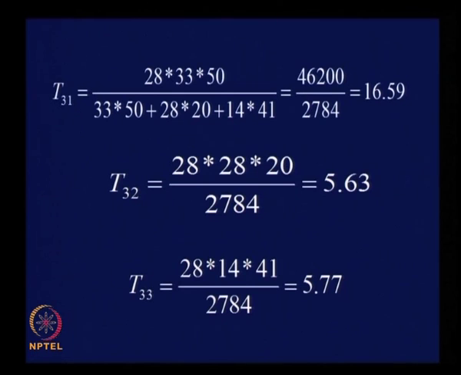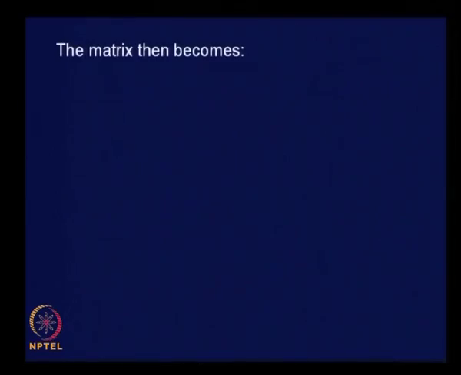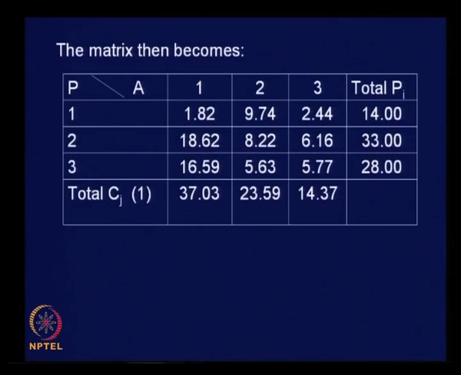So we have done the calculations involving all the 3 traffic zones. Let us put these numbers in a matrix form and take an overview and check whether we have arrived at the final result or we need to do some more iterations, right. This is the result given in matrix form.